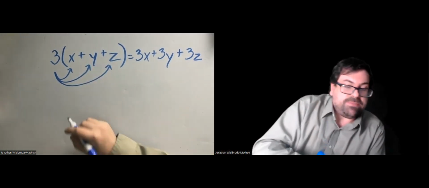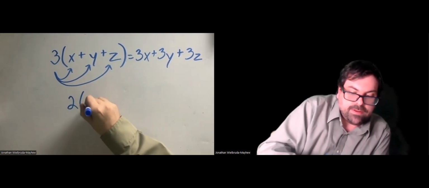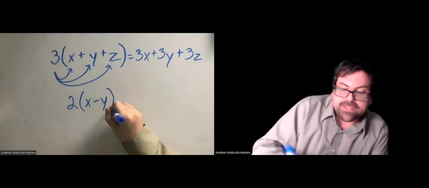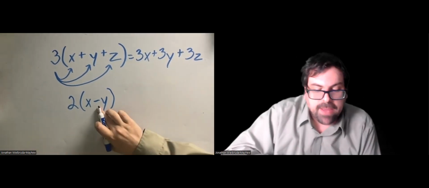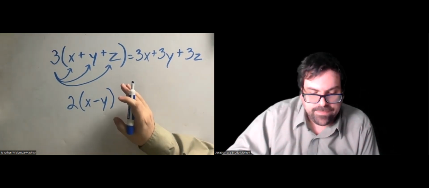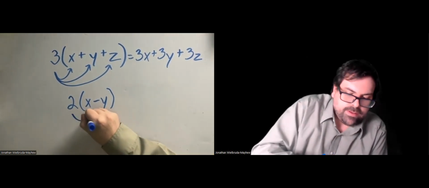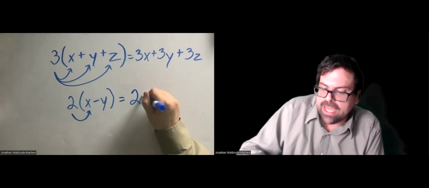It also doesn't have to be plus on the inside. It could be minus. And when we distribute with a minus, we have to be careful of our signs. 2 times x is 2x.